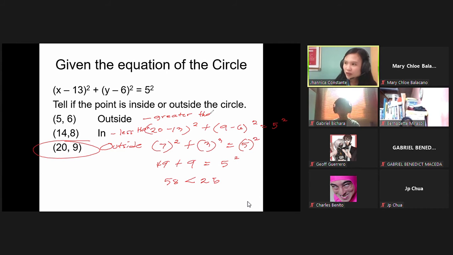But if you have an equal number, that means the point is on the circle. That is the identification for you to determine where the point is located on the given circle that we have. Okay?